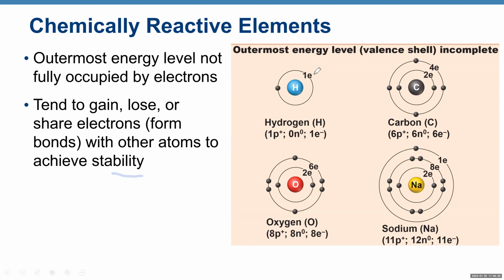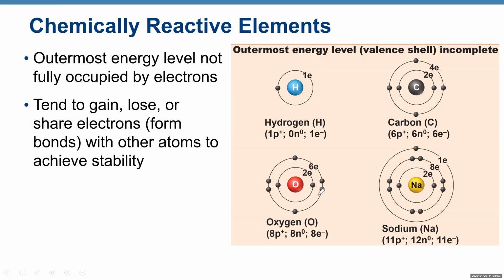So, for example, hydrogen has only 1 electron on the outermost energy level, and because there is only 1 level over here, to achieve stability, it needs 2. Carbon has 4 electrons. To achieve stability, it needs 8, right?